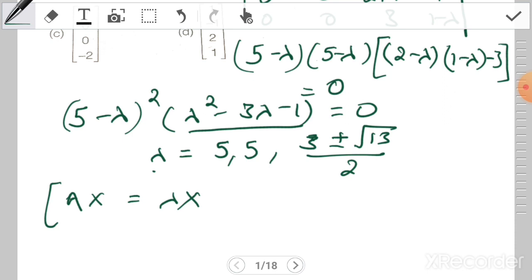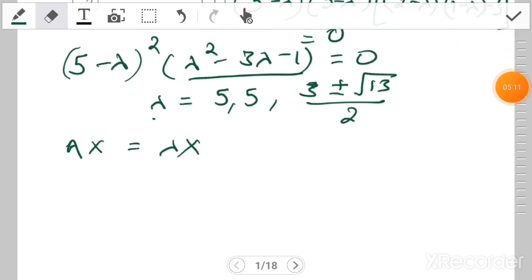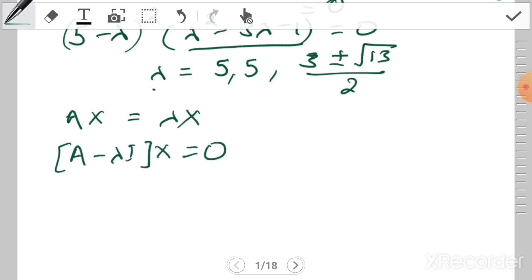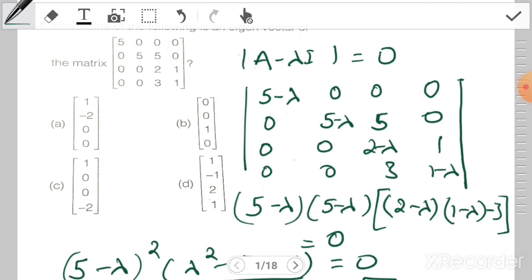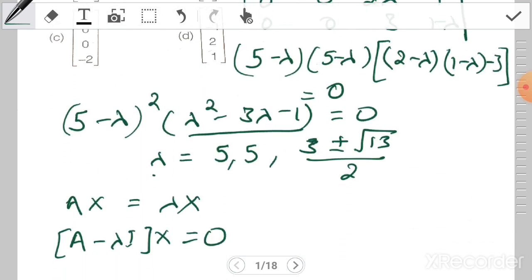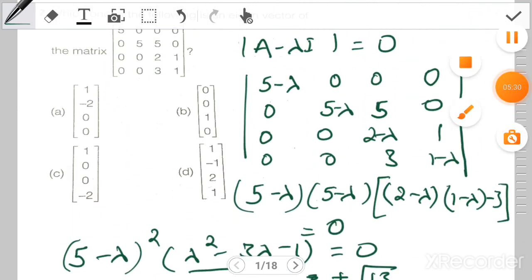Let us put lambda equal to 5, or we can directly put lambda in the characteristic equation.